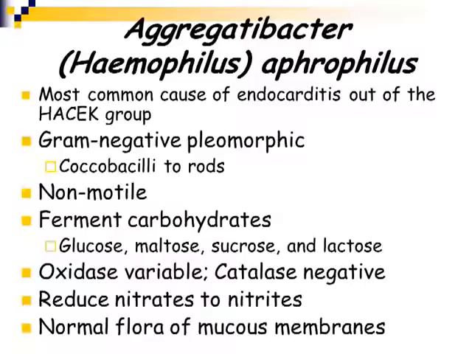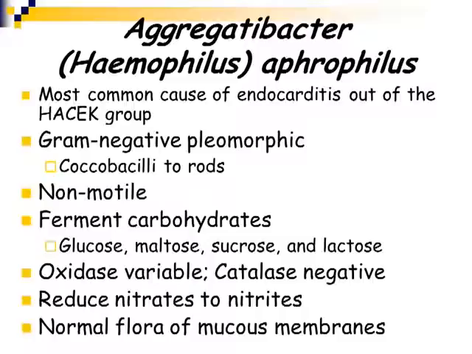Now our H in our HACEK group, that used to be Haemophilus aphrophilus, which is now Aggregatibacter aphrophilus. This is the most common cause of endocarditis out of the organisms in the HACEK group. The organism is a pleomorphic teeny tiny rod or bacilli, or they can be rods. They're non-motile.